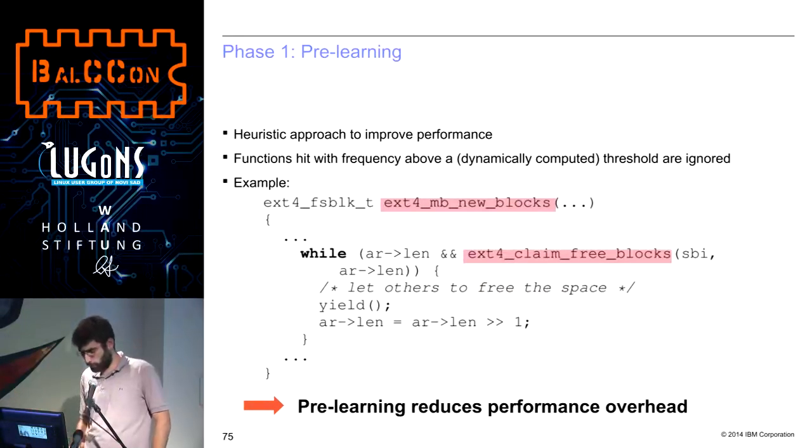Within this function, it will call another function within a loop. And this function ends up being called so often when we trace the kernel that it trips that threshold. That's a nice thing, because it means that we can remove that function and consider it in the system set and only trace that main function itself.